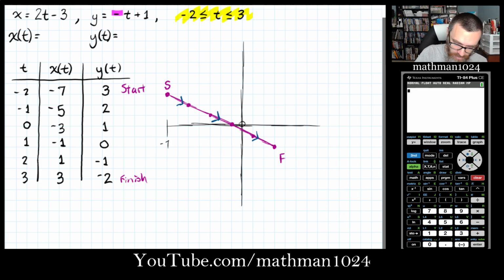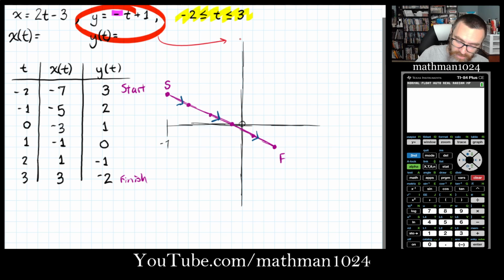So I'm going to take this guy right here, and if I solve this for t, we'll find that t is equal to 1 minus y. And so let's take that and substitute it into that variable t in the x equation.